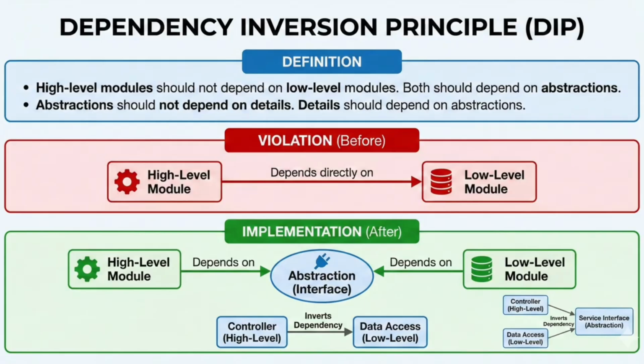In every project, we have high-level modules and low-level modules. High-level modules usually contain our business logic, the most important part of the application. Low-level modules handle specific operational tasks like database communication, payment gateway integration, notification services, logging, API calls, etc. Normally, in traditional poor design, we directly connect high-level modules with low-level modules.